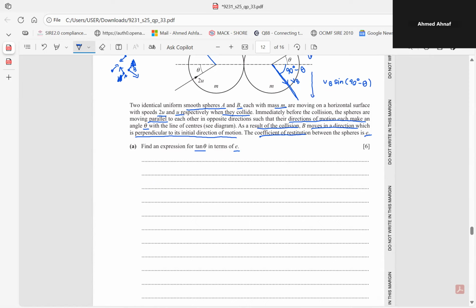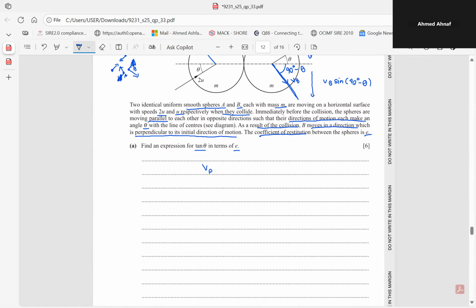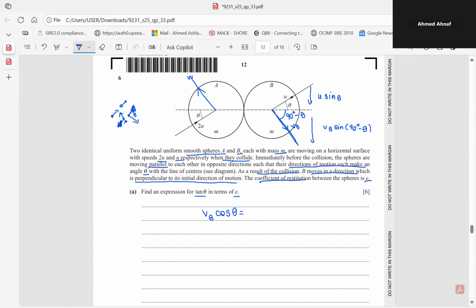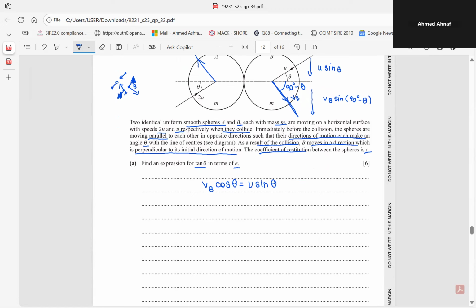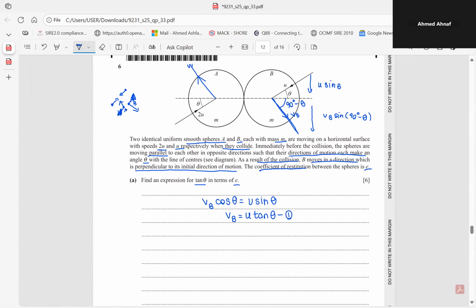So we're going to equate these two. VB sine (90 minus theta), that's just cosine theta, equals u sine theta. So VB is u sine theta over cosine theta, which gives u tangent theta. So this is equation number one.